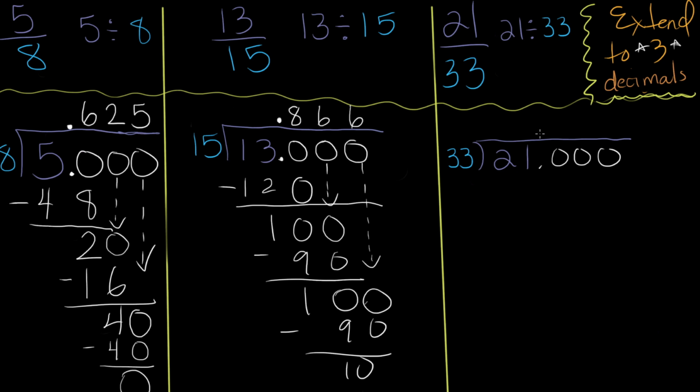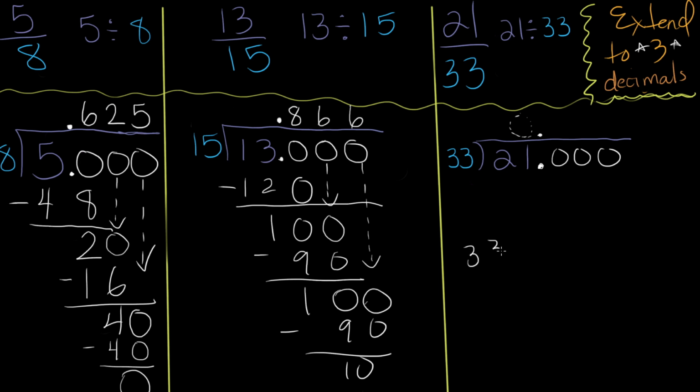First thing we do is we put our decimal at the top. Okay, line it up. 33 cannot go into 21. Even if you have to do this to help you kind of visually see it, you can imagine that there's a 0 here. Okay, 33 does not go into 21, but how many times does 33 go into 210? Well, let's see.